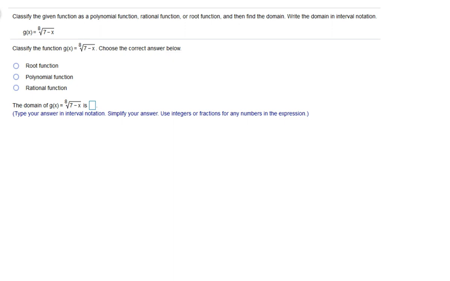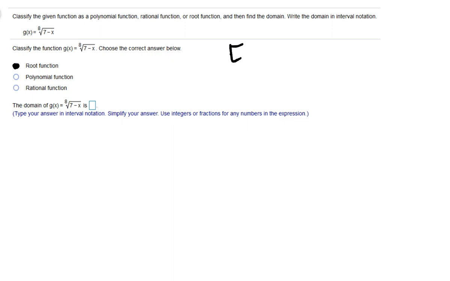So our three categories, once again, are root, that's when we have radicals, polynomial, no radicals or fractions, rational, that's when we have variables in the denominator with fractions. So this one very clearly has a radical in it. But we have to be careful. Well, it is a root function, but once we're finding the domain, we have to be careful because there's actually two categories of these root functions.